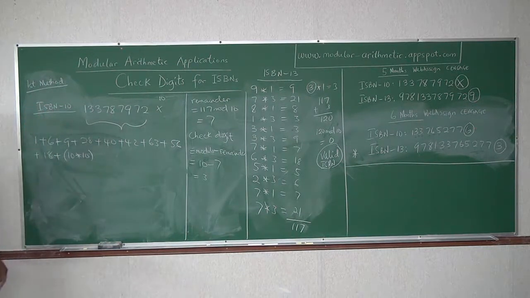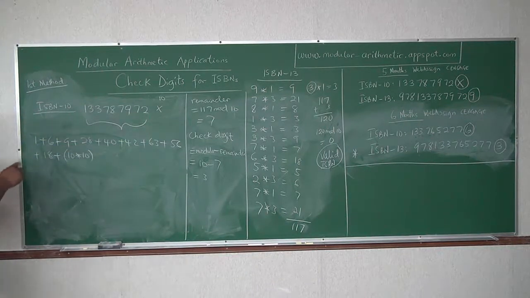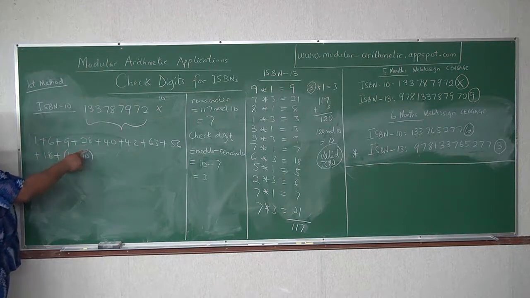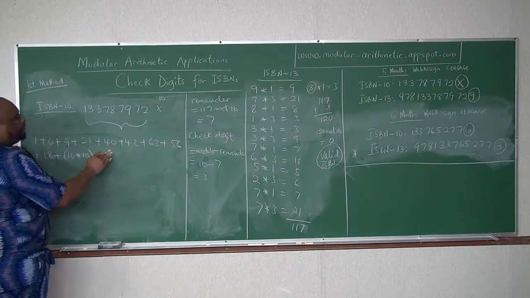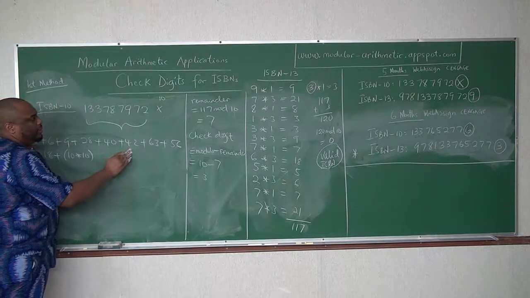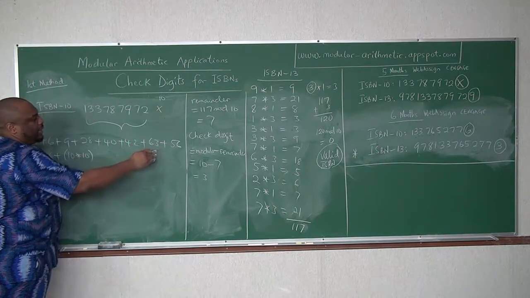So plus that 10 times 10, which is 100. So 1 plus 6 is 7, plus 9 is 16, plus 28 is 44, 84, 126, 189.